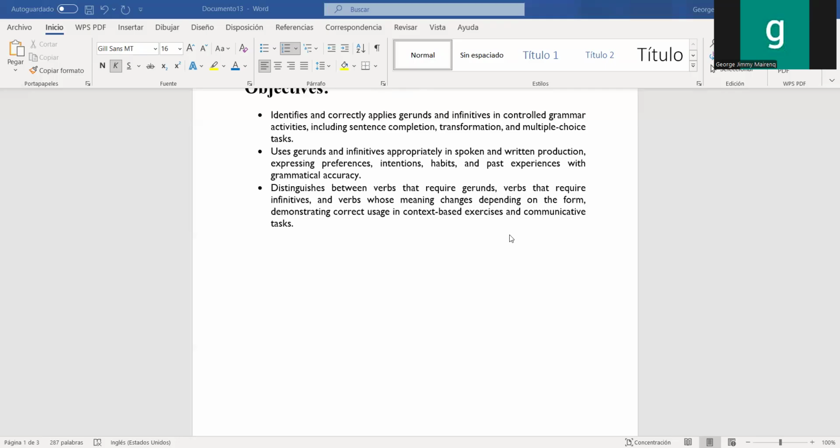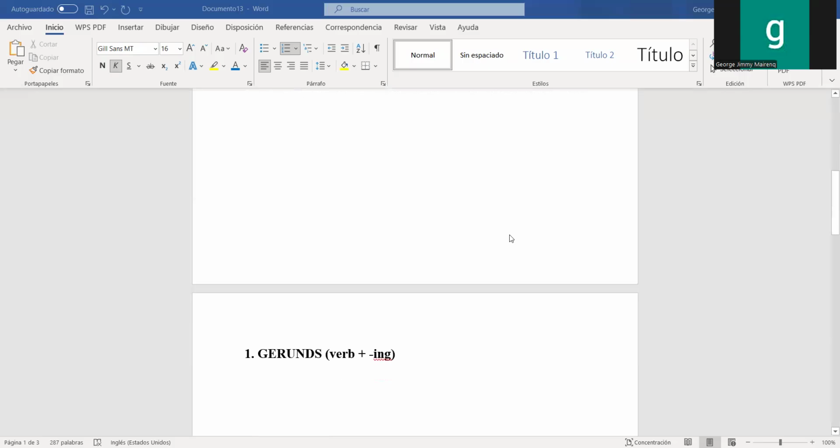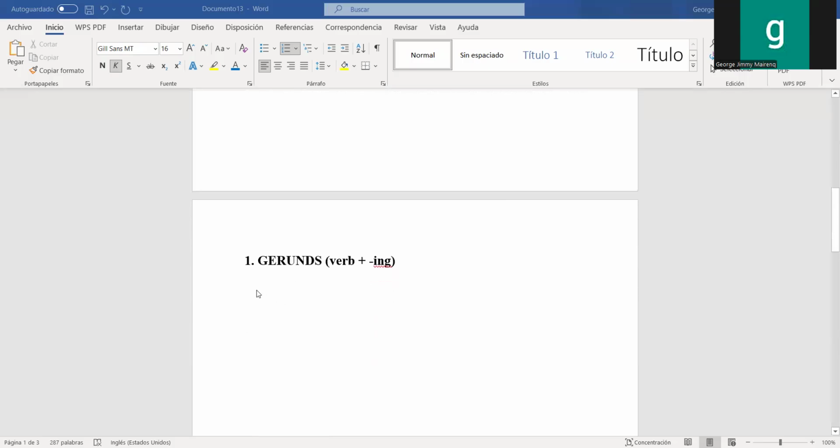Okay, so we're going to start, folks, with the gerunds, and the common usage of this one. First, we can say that this can work as the subject of a sentence. So what does it mean?